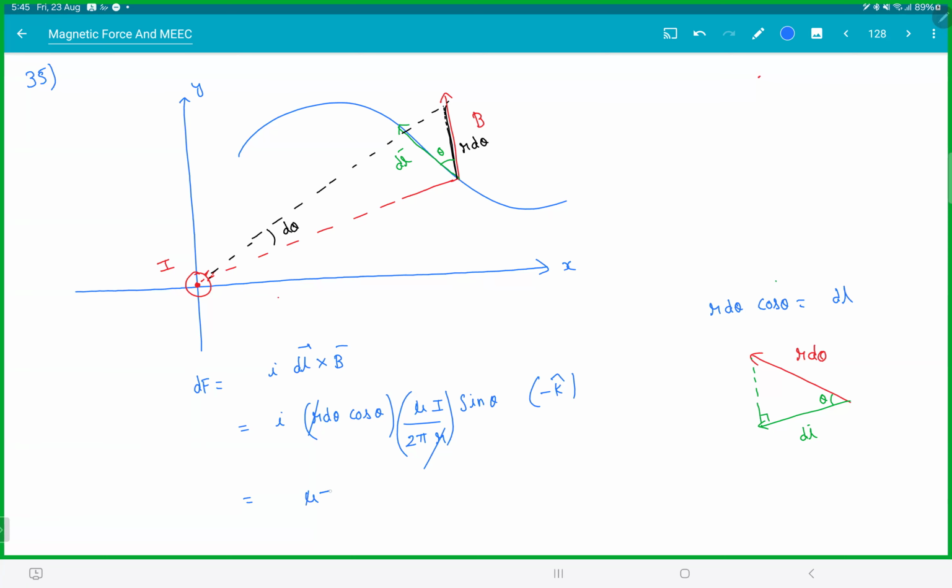So this would be mu naught I by 2 pi, sine theta cos theta d theta. This is the force on the wire. These filaments will go from, we will see what are those angles, theta 1 to theta 2. How much is this? Mu naught I by, you can write that as sine 2 theta, right?